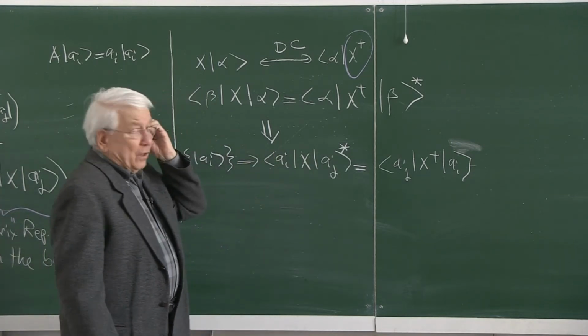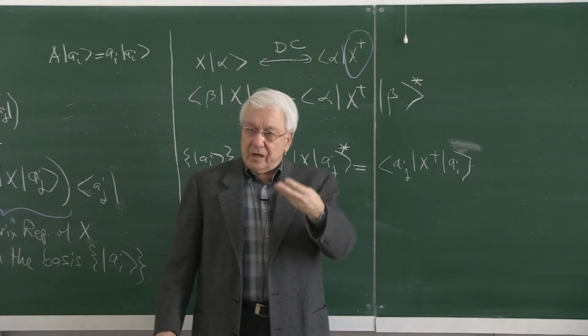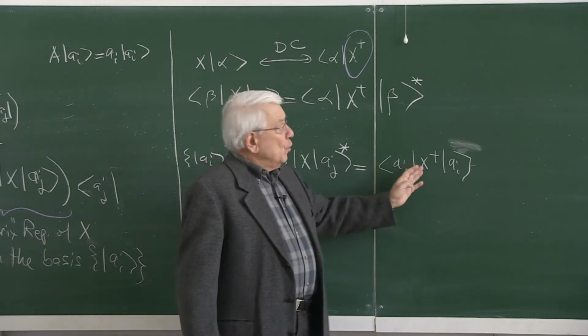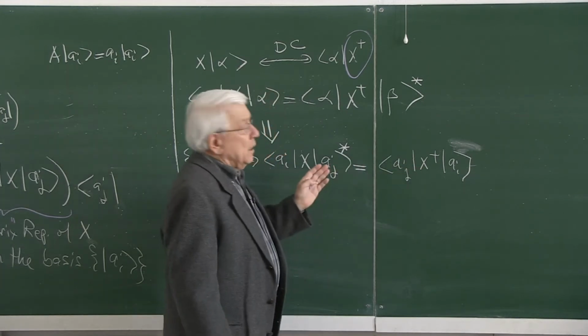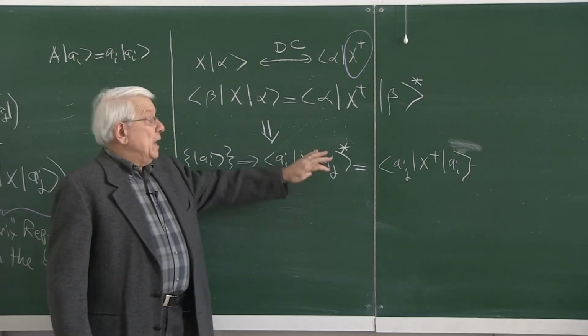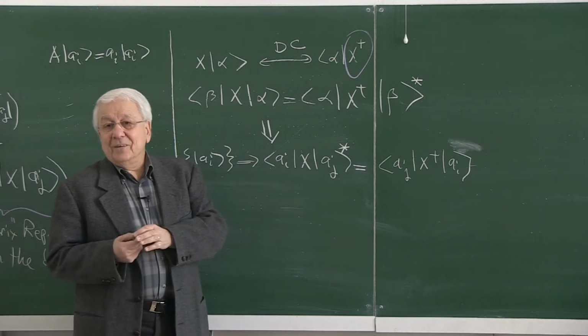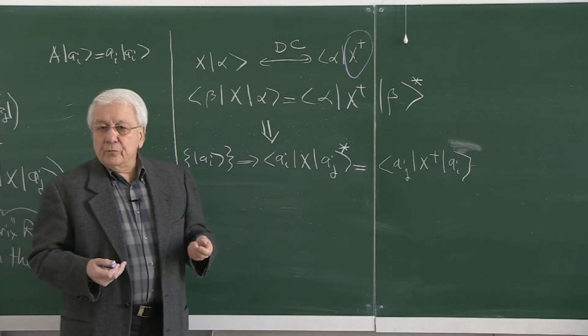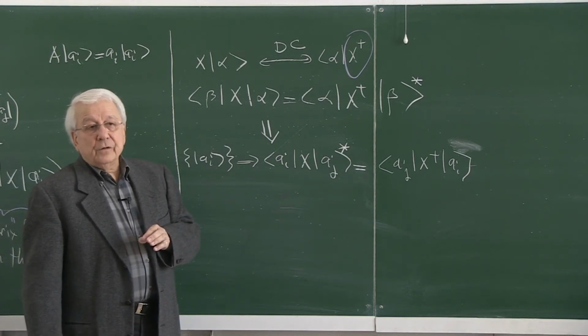The matrix element, or the matrix representation, now I can use that language safely, of the Hermitian adjoint operator is obtained by taking the transpose and complex conjugate of the original operator. Well, this is, in a sense, for all of you, a more familiar definition of the Hermitian adjoint, right?